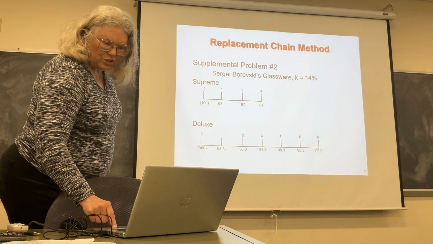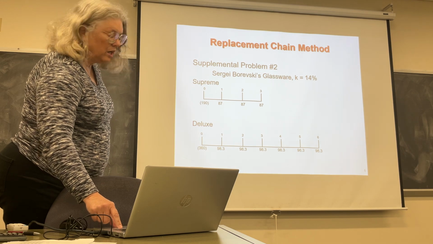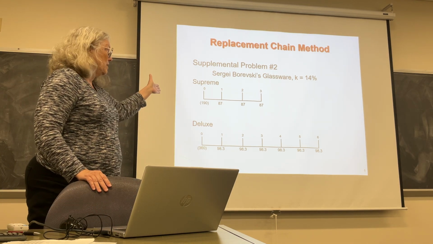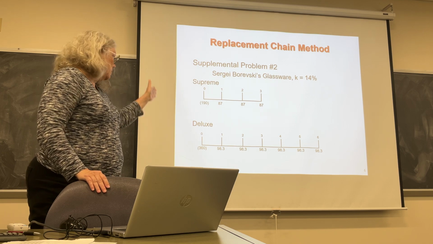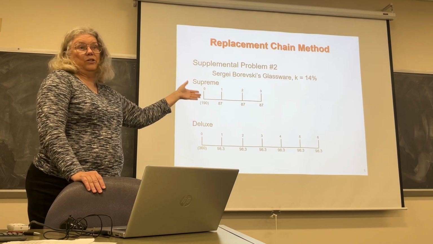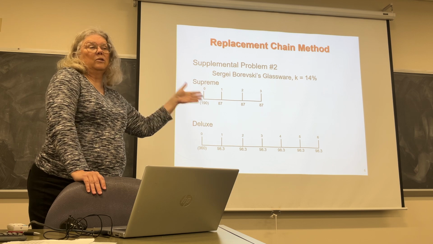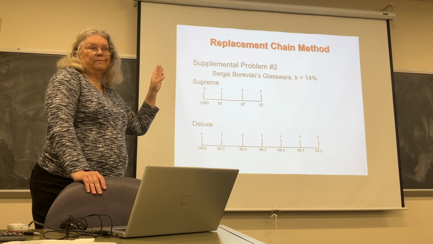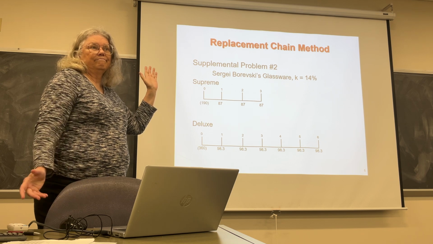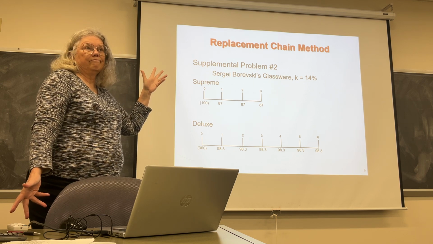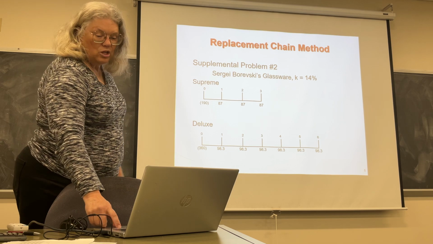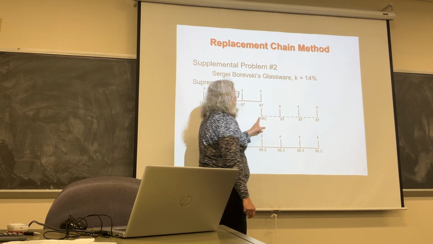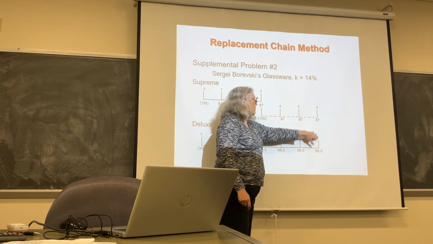Okay, so if you look at that, for replacement chain method, you can see that the Supreme is 3 years and the Deluxe is 6 years. So what is the lowest common life term? 6 years, right? So in order to do that, we assume replacement of the Supreme.